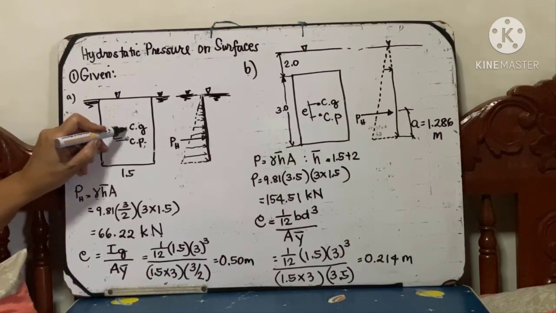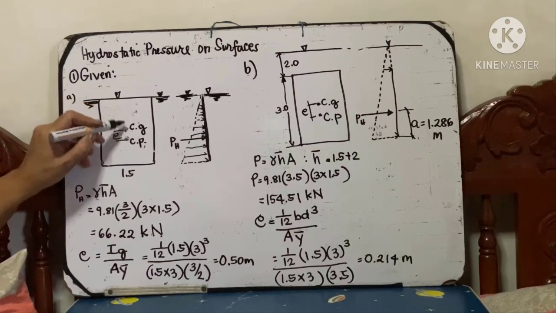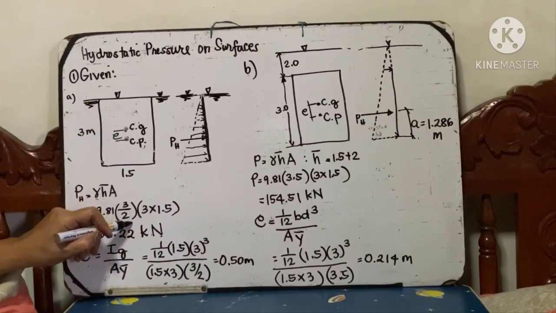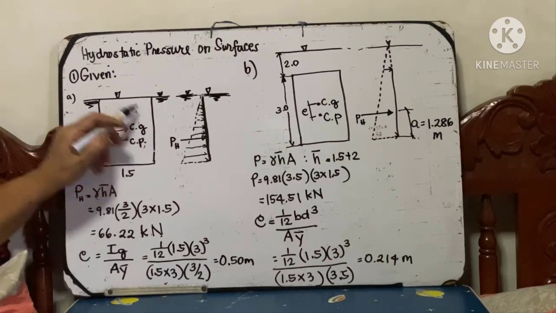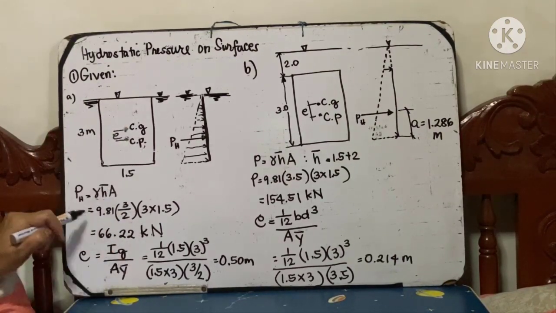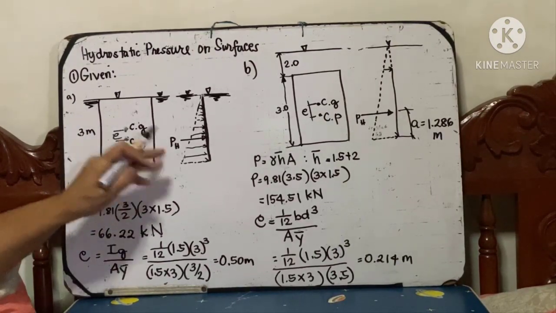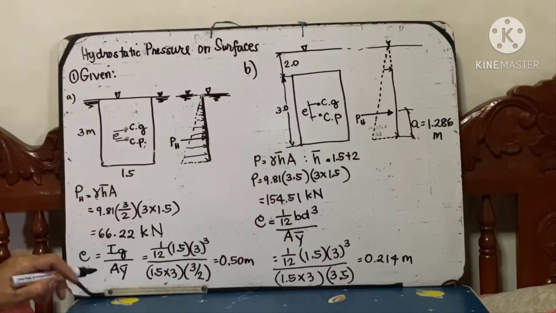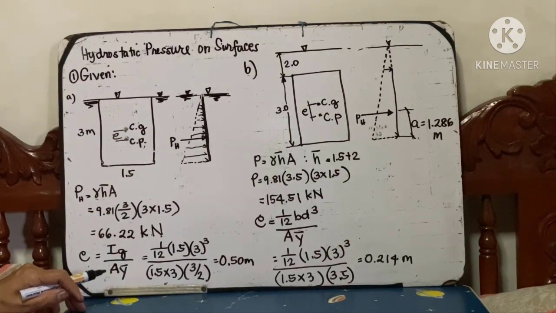So the center of gravity is 1.5 meters, kalahati nung 3. Kaya yun, 3/2. At yung area that is subjected to hydrostatic pressure is 3 by 1.5. So yun ang ating total hydrostatic. The resultant of the force acting on the surface is 66.22 kilonewton.